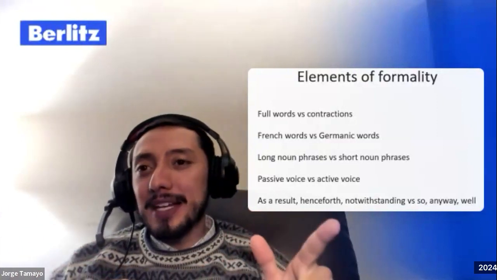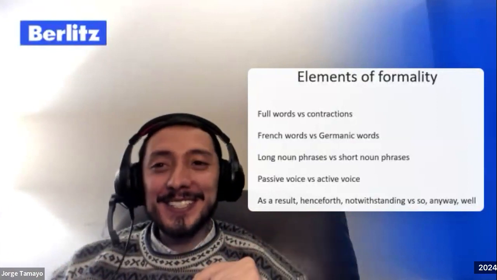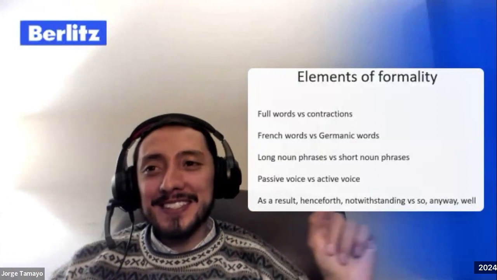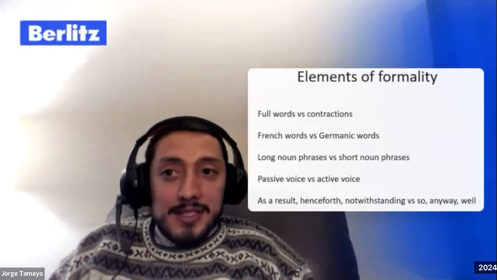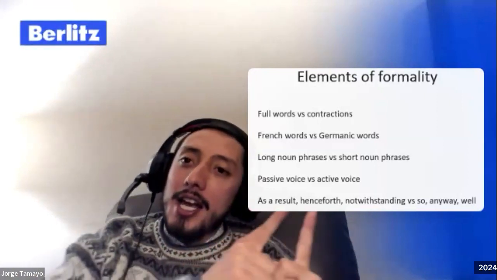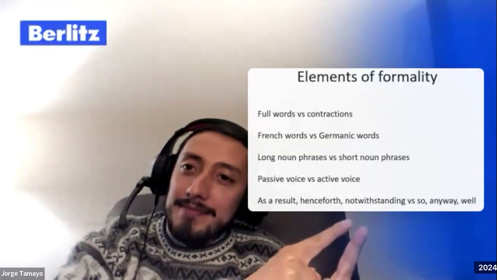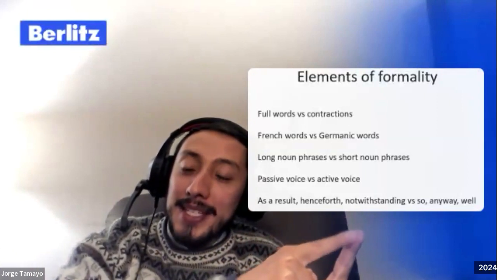And some fancy connectors like notwithstanding, right? This is as fancy as it gets. So instead of saying but, which is a simple way to talk about a contradiction, you're going to say notwithstanding. Long word, formal word, right?